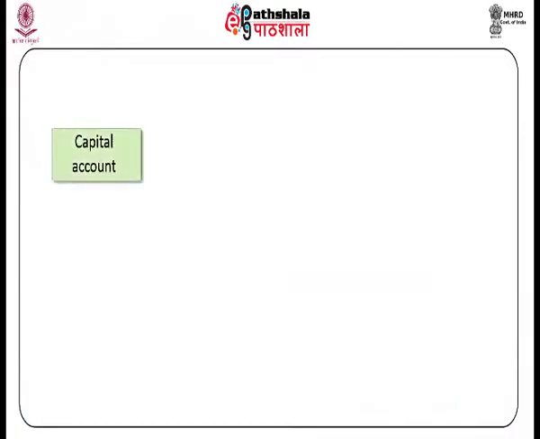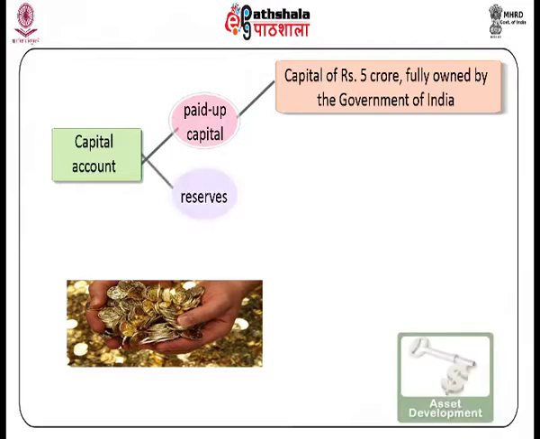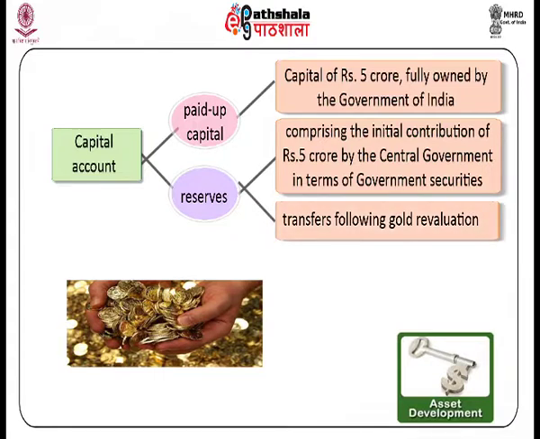The capital account, in the strict sense of the term, comprises the paid-up capital of Rs 5 crore fully owned by the Government of India since 1 January 1949 under Section 4 of the Reserve Bank of India Act 1934, and reserves comprising the initial contribution of Rs 5 crore by the central government in terms of government securities under Section 46 and transfers following gold revaluation up to October 1990.